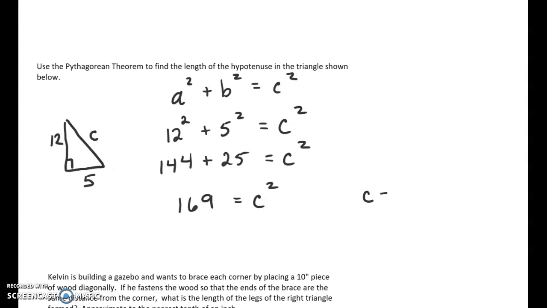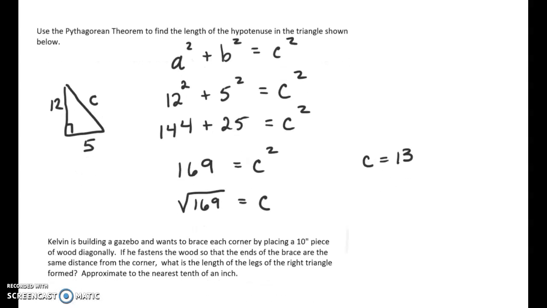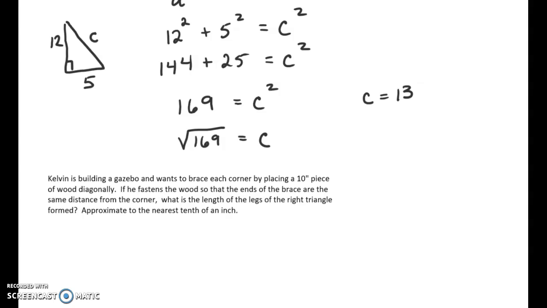I'm going to put that over here. C equals 13. And like I said, we don't know if it's feet or inches or what, some linear measurement. But what we're doing is taking the square root of 169 to equal C. So you can put that in a calculator that has a square root button and find the square root of 169, but it's 13. So the hypotenuse is 13 in that case.